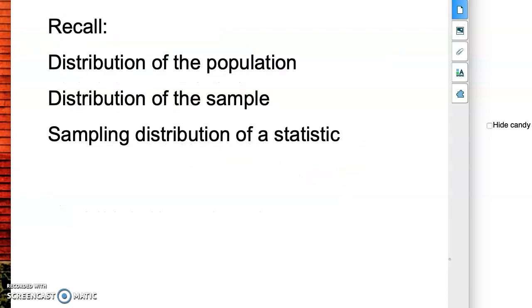So recall the distribution of the population. So think about the big jar of pennies. The distribution of the population would be the dates for all of those pennies laid out in a big dot plot.